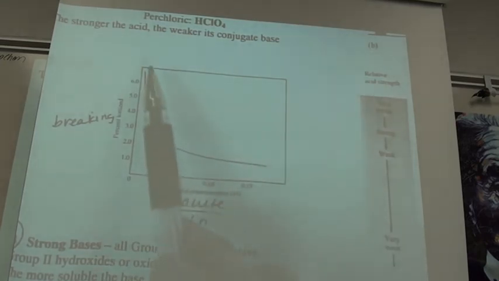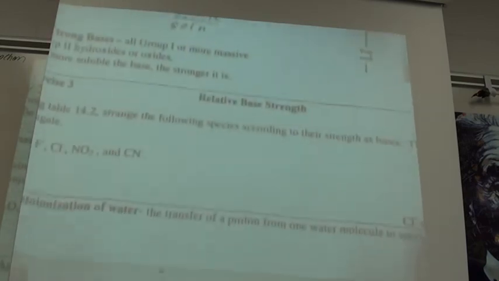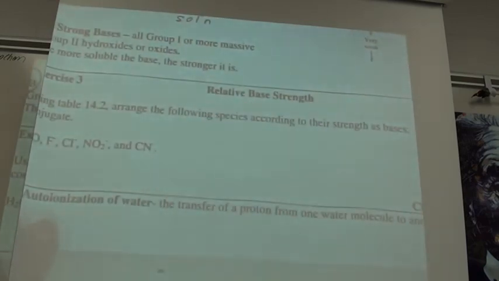It decreases quite a bit. So if you want more of your weak acid to ionize, would you use a small concentration or a large concentration? A small concentration. All right, we can skip this for right now.